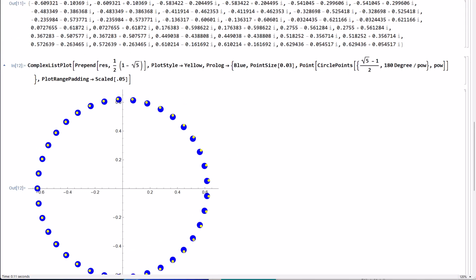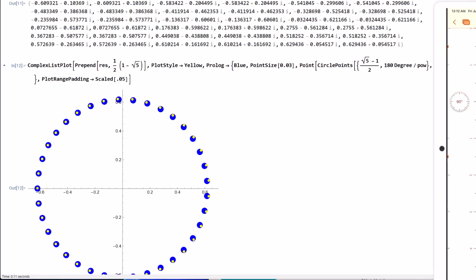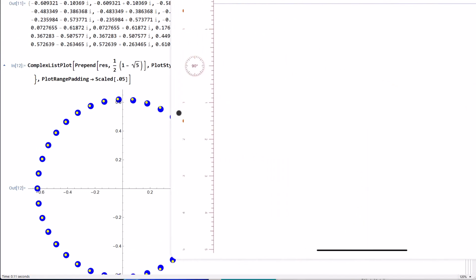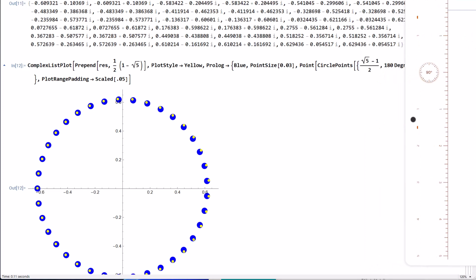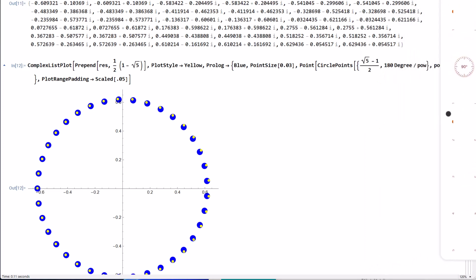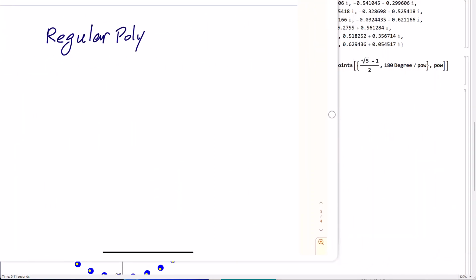So the preset points are very simple. These are the points sitting on a regular polygon. And this polygon has a very interesting property: the radius, it's just like this.